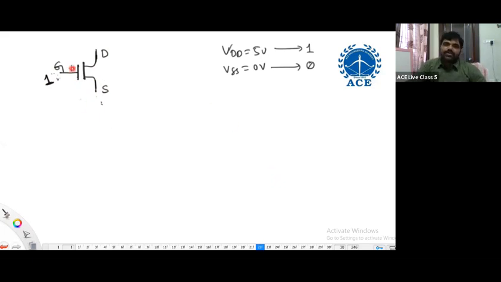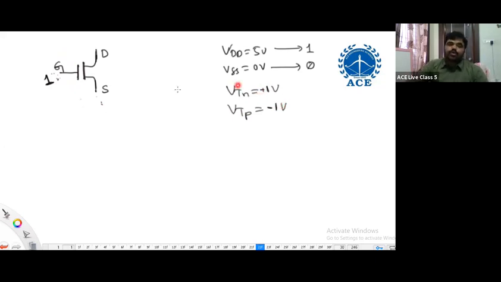When it is getting logic 0, the source may be getting any other voltages, depending on construction. So if the gate is at logic 0, it cannot have a positive gate to source potential. For example, VTN, the threshold voltage of the N-channel MOSFET, is plus 1 volt, and VTP, the threshold voltage of the P-channel MOSFET, is minus 1 volt.